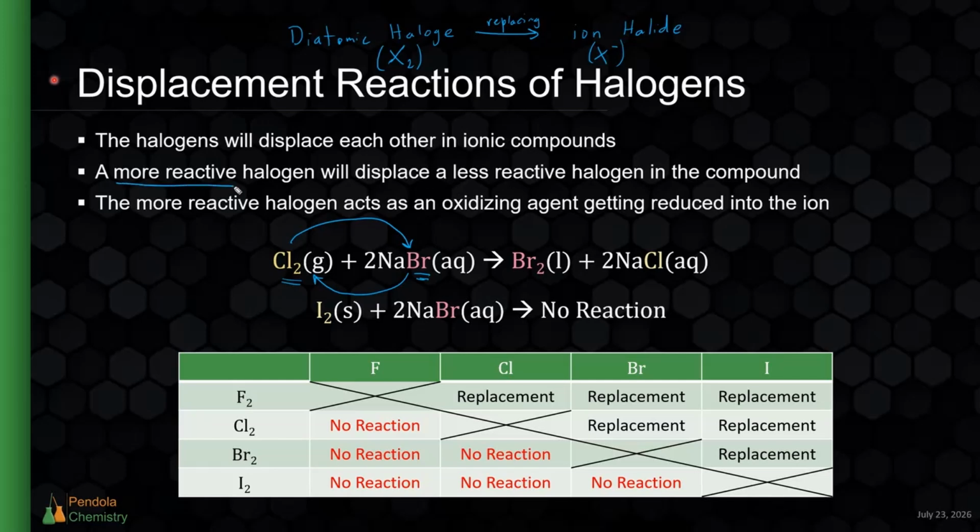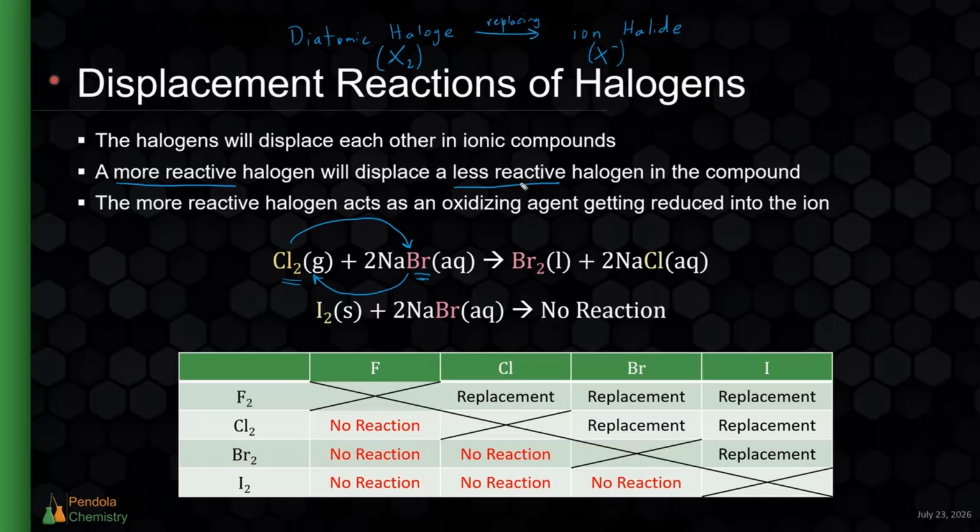A more reactive halogen, in yellow here, will have to replace a less reactive halogen in a compound. The more reactive halogen acts like an oxidizing agent. It oxidizes the halide ion, and the halogen diatomic molecule gets reduced into the ion.